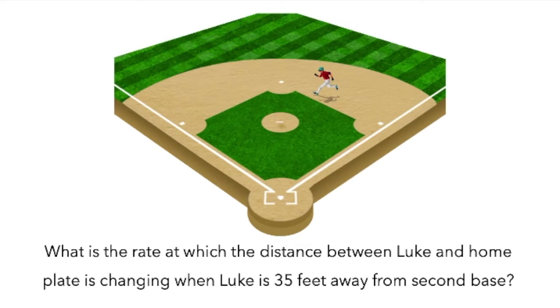To answer this question, we first introduce some variables. Let x represent the distance from first base to Luke's position in feet, and let y represent Luke's distance from home plate in feet.